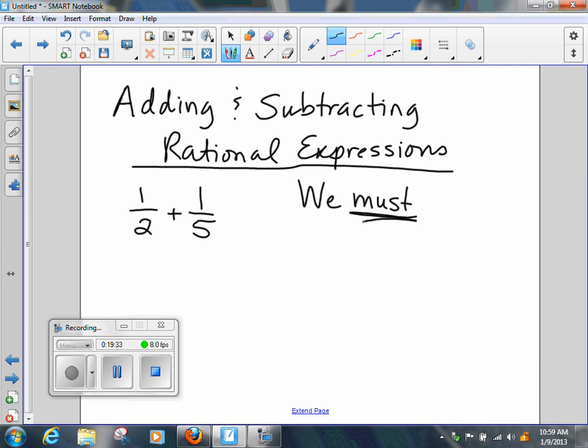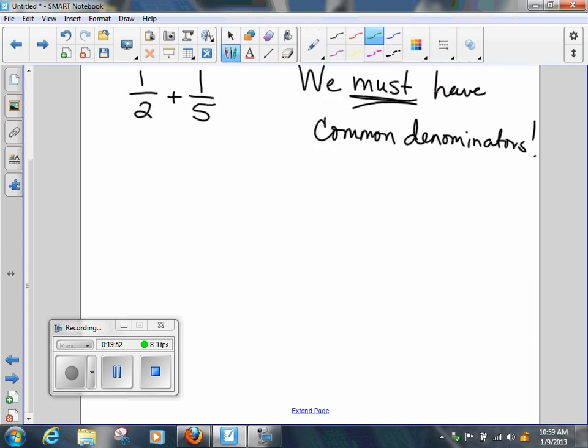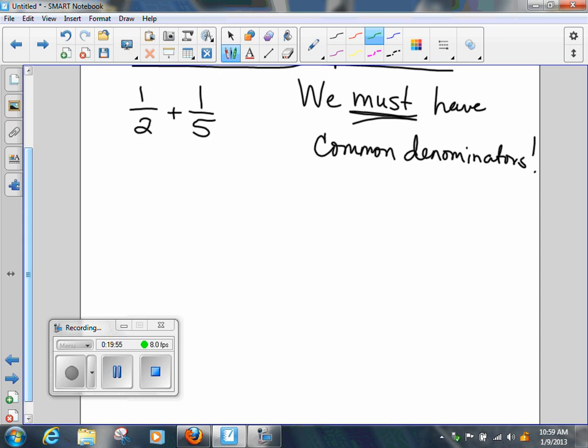We must have common denominators. That's what you learned way back in the day. Because y'all know I'm all about trying to make connections to our prior knowledge. If we had 1/2 and 1/5, what would our common denominator be? 10. Now, we all know that.